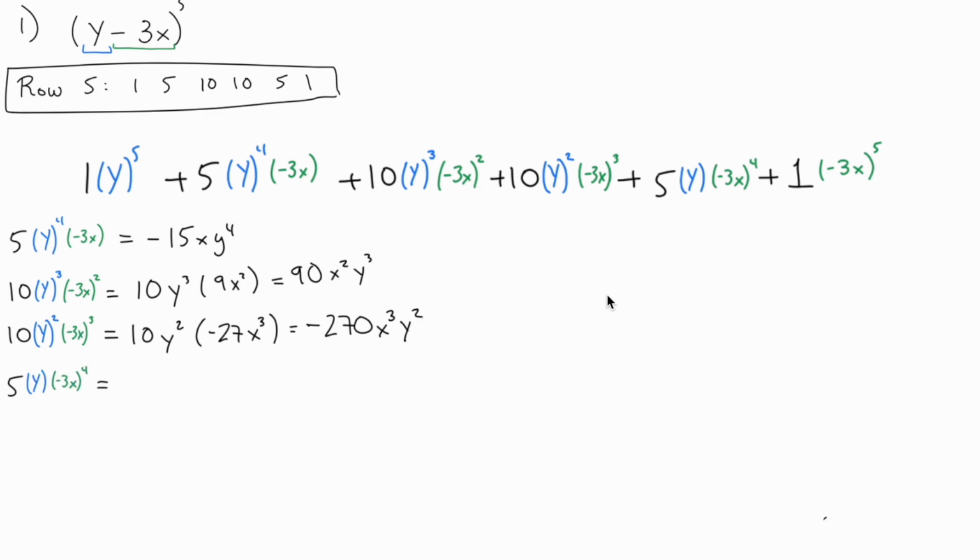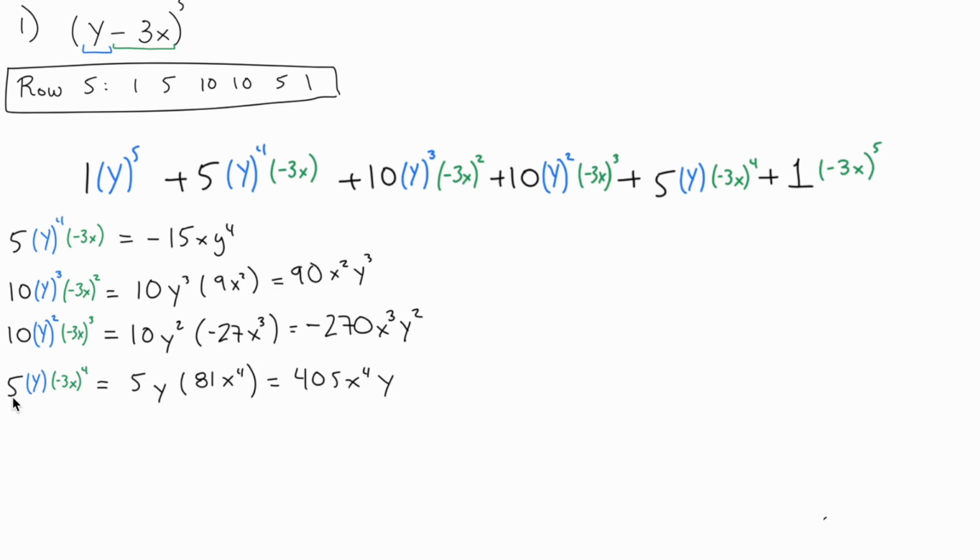The next term, I now have to do a higher power. So this is negative 3 to the fourth power. What is negative 3 to the fourth power? Negative 3 times negative 3, 9, times negative 3, negative 27, times negative 3, so it's going to be positive 81, because I am doing negative 3 times negative 3 times negative 3 times negative 3.